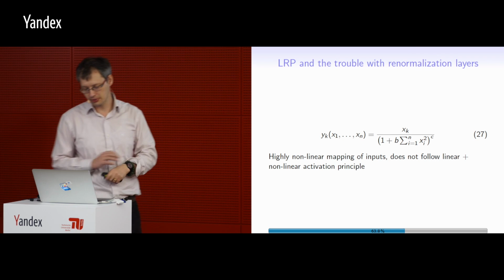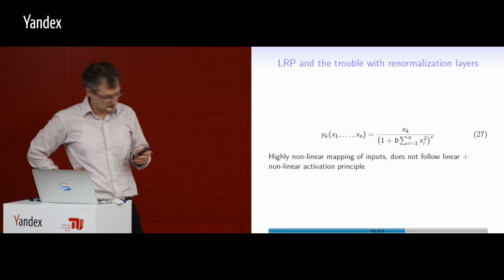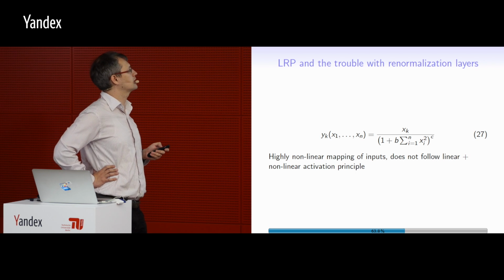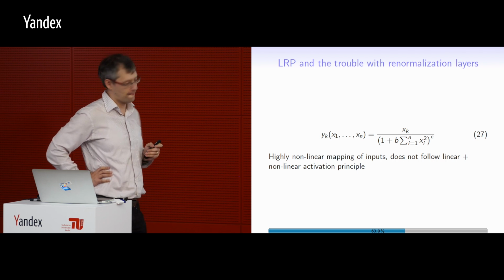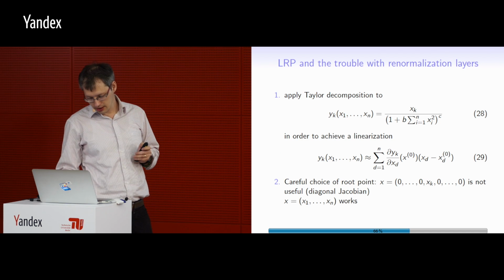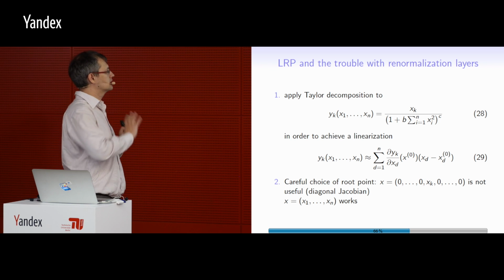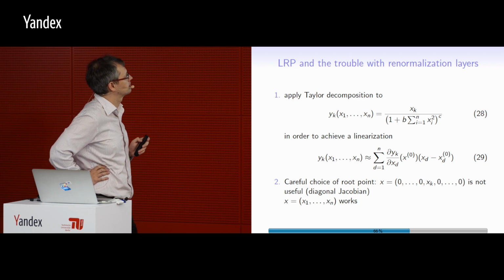Now let's talk about some applications of that and some extensions. There is one thing that does not fit very well in the structure of linear plus nonlinear activation, which is used in neural networks a lot. These are the so-called local renormalization layers. And the problem was, when we applied LRP, the beta formula was very nice, but the epsilon formula was super noisy.